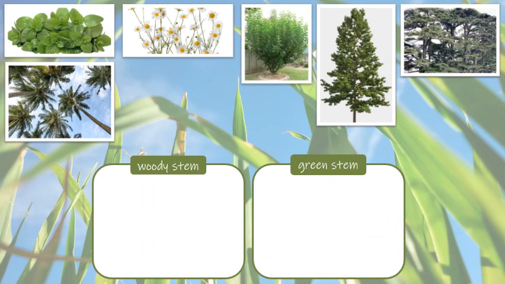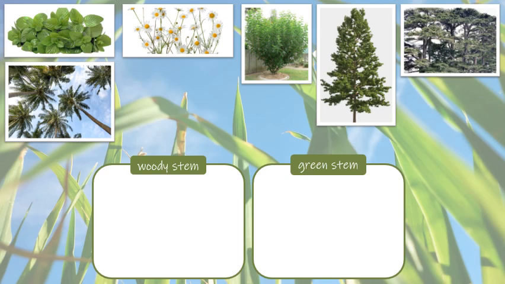What about observing the stems of some of these plants, and classify them as woody stems or green stems? What's a stem? It is the body of the plant. It is the line that helps the plant stand. Let's see, is it woody or green?